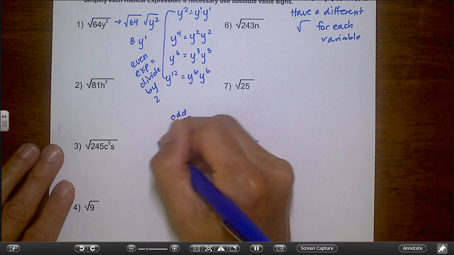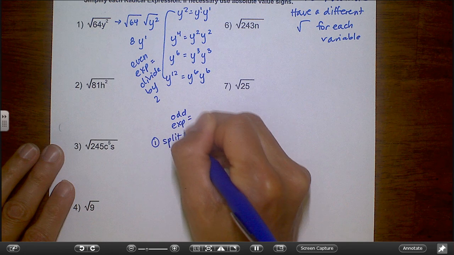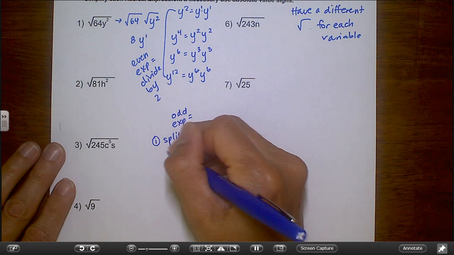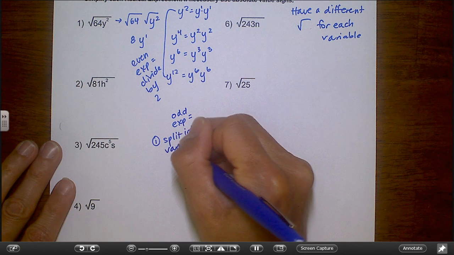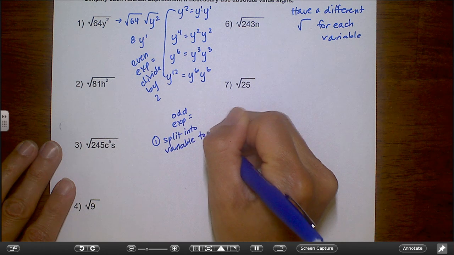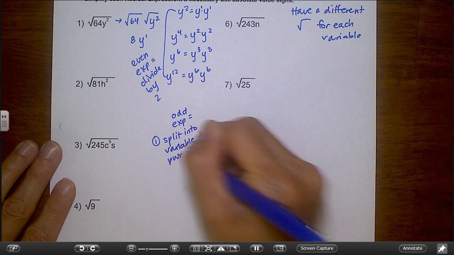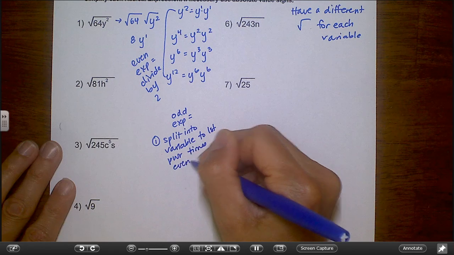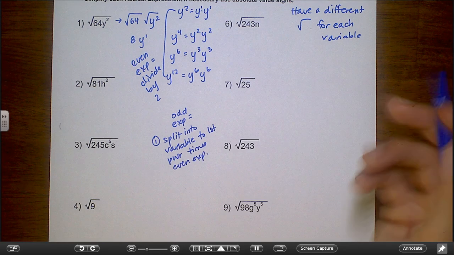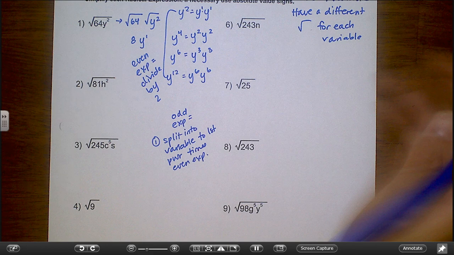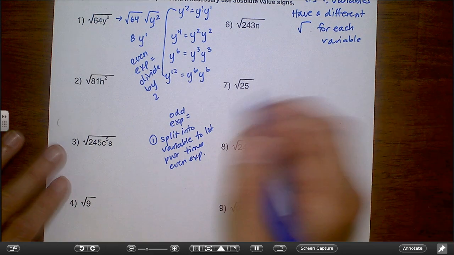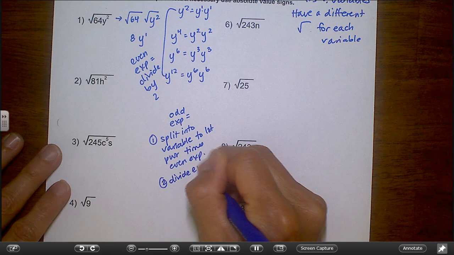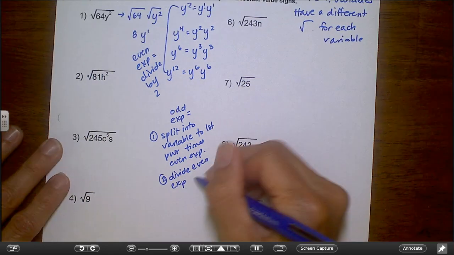First you have to split it into whatever the variable is to the first power times an even exponent. This will make a lot more sense when we do it. It's times the even exponent that's left in there. And then you divide the even exponent by 2. So you do what you just did in the even one.